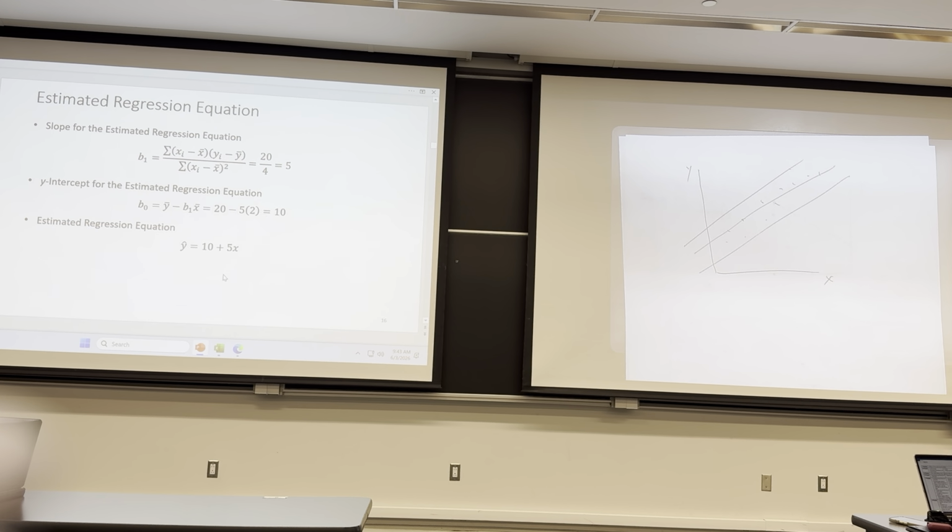If commercials go up by 1, car sales are going to go up by 5. Okay. So you can use it for prediction. So what if next month I'm having 2 commercials? How many car sales should I expect? Okay. You replace X by 2 and you expect 20 cars.